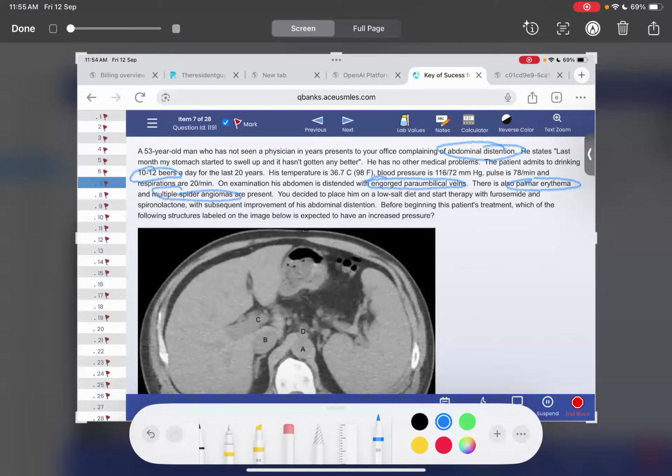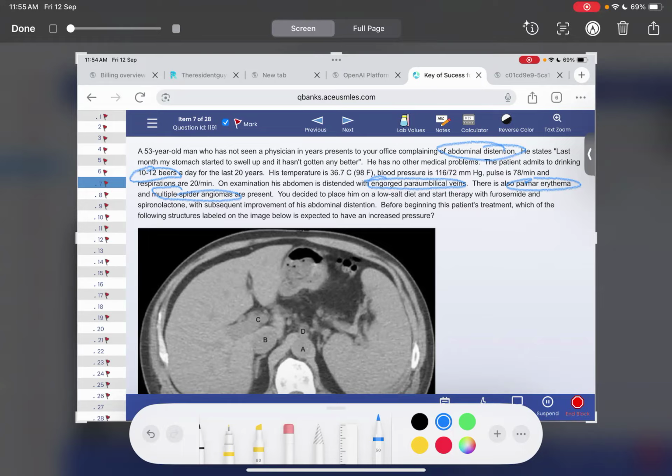This is alcohol-induced liver cirrhosis. We will discuss the pathology of liver cirrhosis when we start the pathology section.